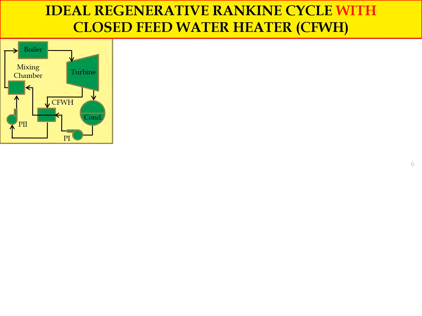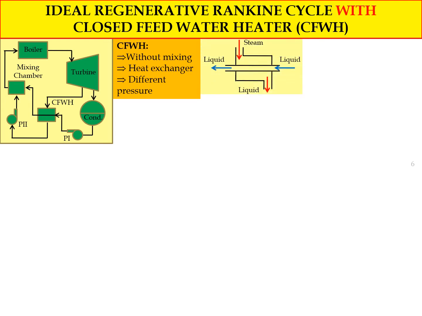Ideal regenerative Rankine cycle with closed feed water heater. So this is the simplified diagram of the ideal regenerative Rankine cycle. And the closed feed water heater is actually a heat exchanger without mixing of the fluid from the turbine and from the pump. And for this case, we can use different pressures. And as you can see, this is the heat exchanger of the closed feed water heater.